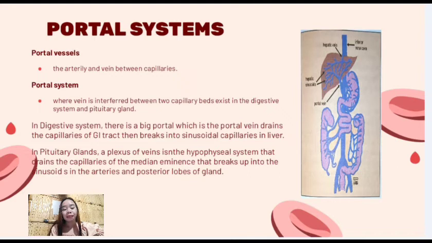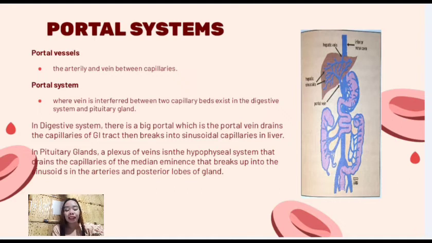The portal systems, where a vein is interposed between two capillary beds, exist in the digestive system and in the pituitary gland. In our digestive system, there is a big portal vessel called the portal vein that is drained by the capillaries of the gastrointestinal tract, then breaks into sinusoidal capillaries in our liver.